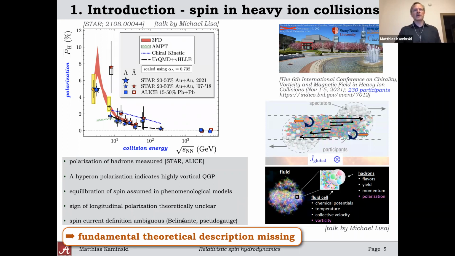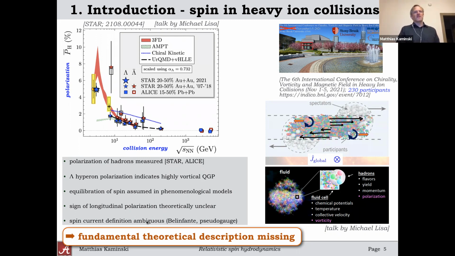For example, the Belinfante trick is often used to take a non-symmetric energy momentum tensor and make it symmetric by these Belinfante transformations. This goes under the name of pseudo-gauge transformations in the context of lambda hyperon polarization and spin hydrodynamics. So that's what this refers to.